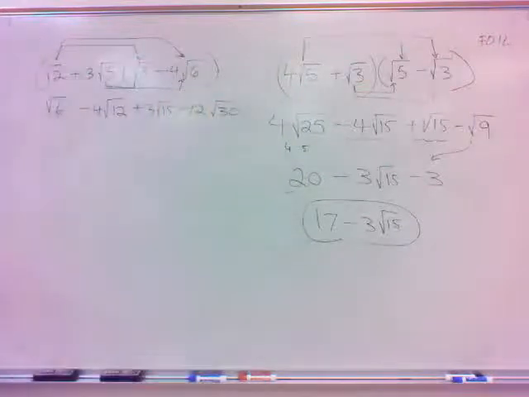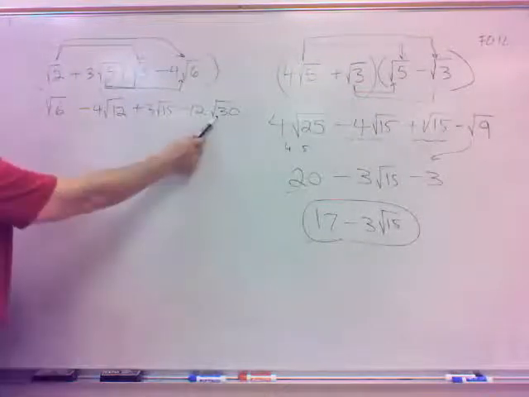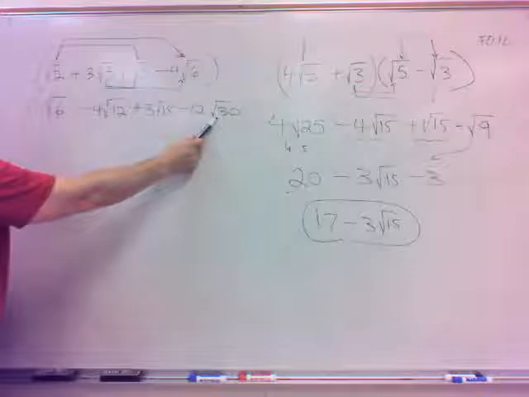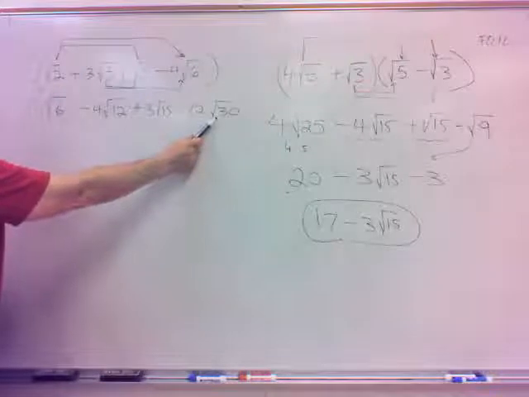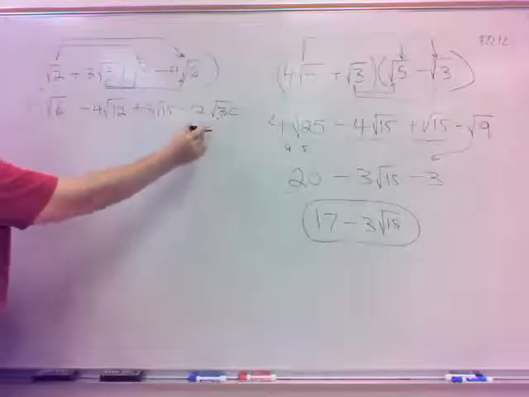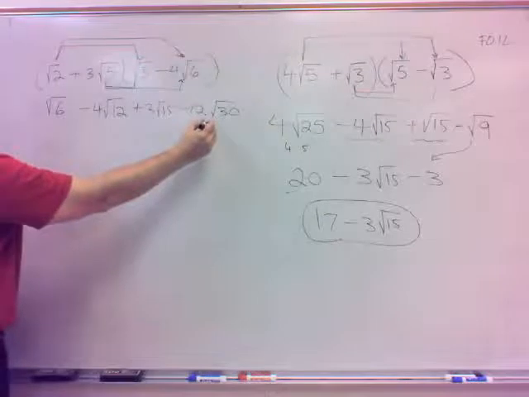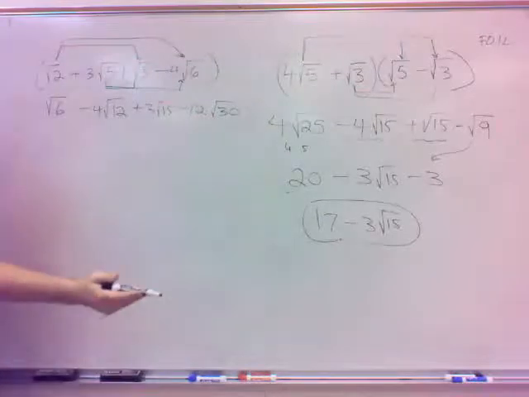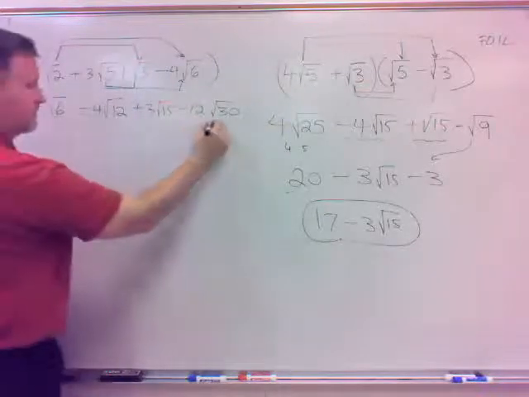With me on that? And then, do you see anything I can do with that? Saying simplify this? Well, yeah. No, your square root of 2 times square root of 15 won't simplify, because square root of 2 is not simplifiable.